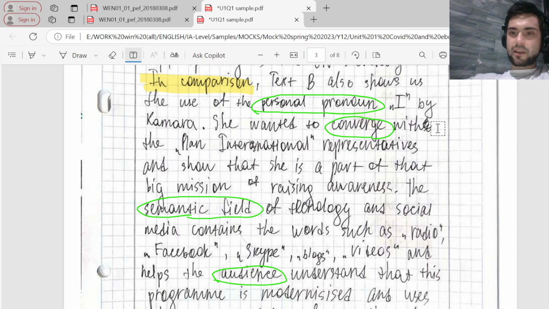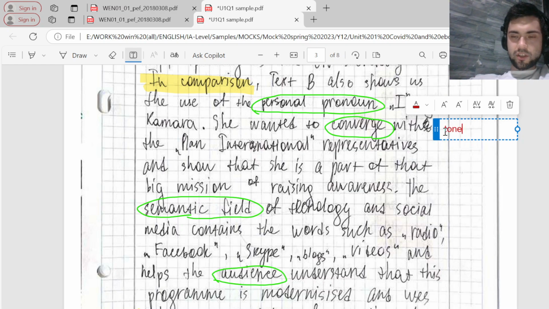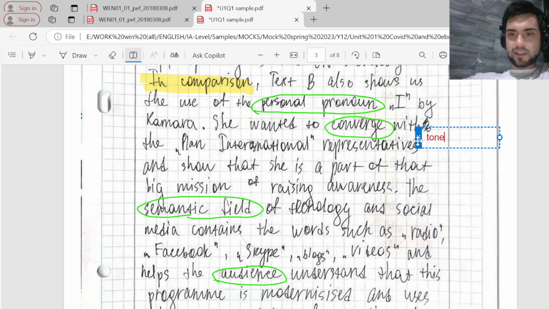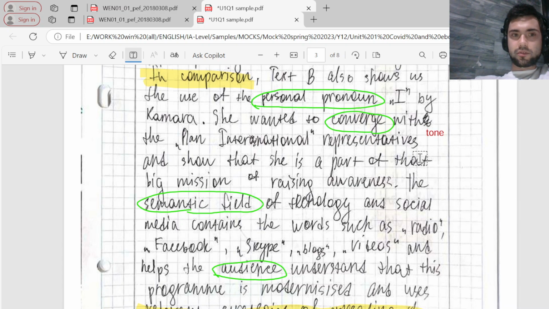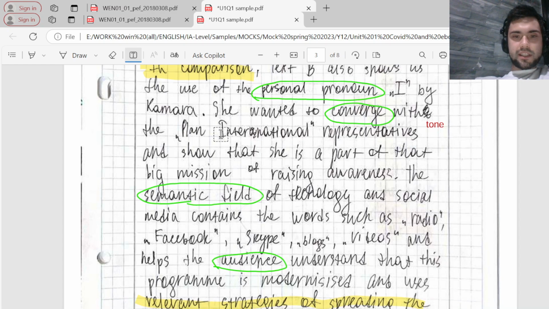So we really want to introduce tone here as well somewhere, because it is definitely the contextual factor that is related to the use of personal pronouns, whether for convergence or divergence. So the student writes that it is to show that the speaker is a part of that big mission.